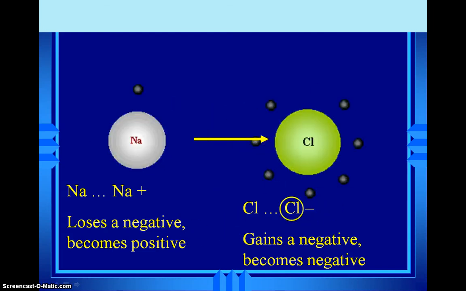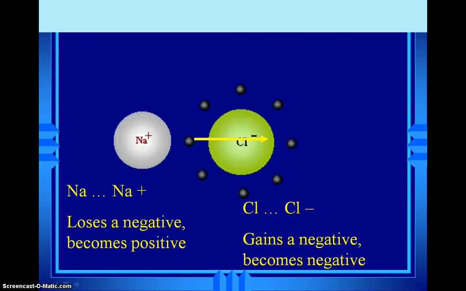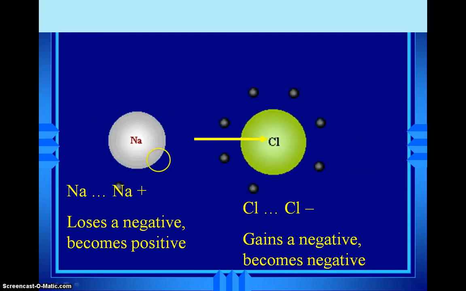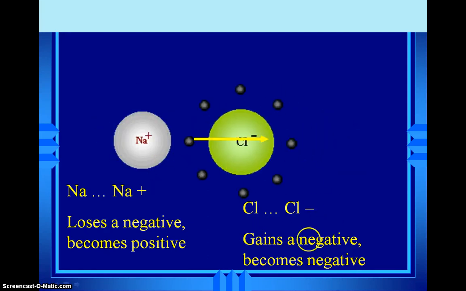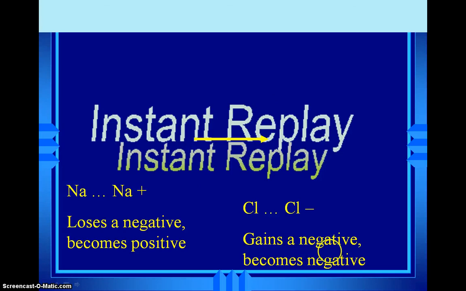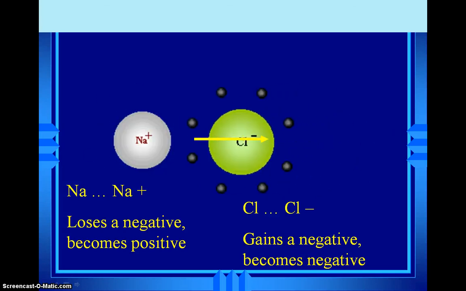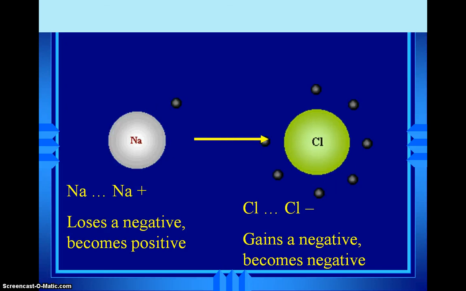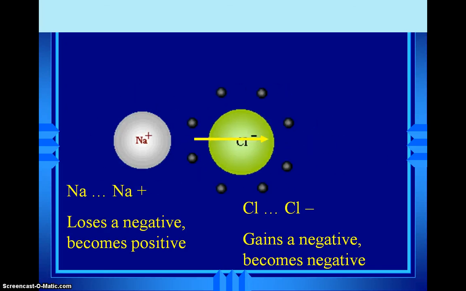Chlorine, on the other hand, has 17 protons and 17 electrons. It takes an electron, so it gains a negative charge, so it becomes negative. It now has 18 negative electrons and 17 positive protons for a net charge of -1.